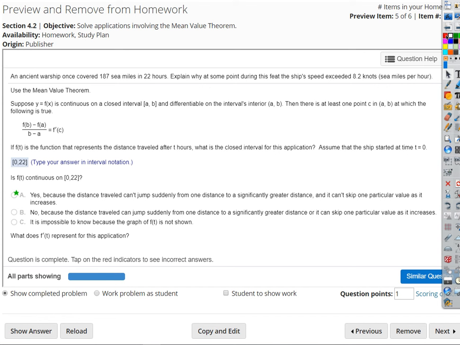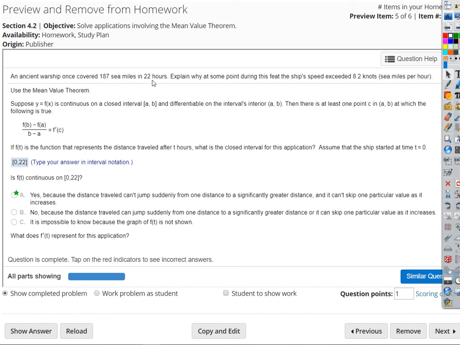Now they didn't give it to us, right? But what is the function that we're talking about? Distance over time. Okay, so maybe like a distance formula, would you agree? The function that we're talking about is the distance covered by the ship. Agreed? Okay. So the distance covered by the ship, it travels 187 miles in 22 hours.